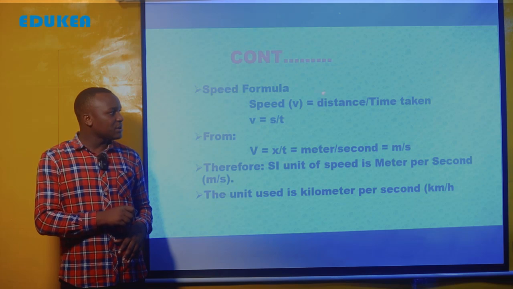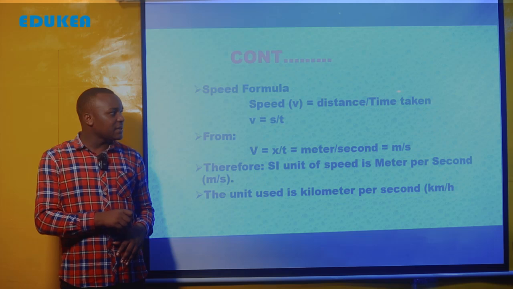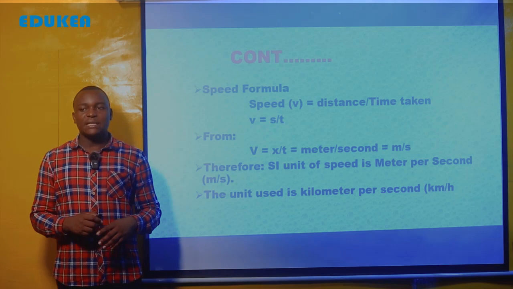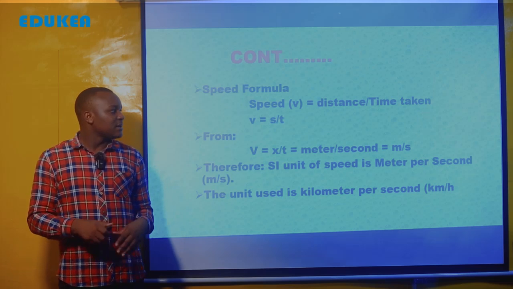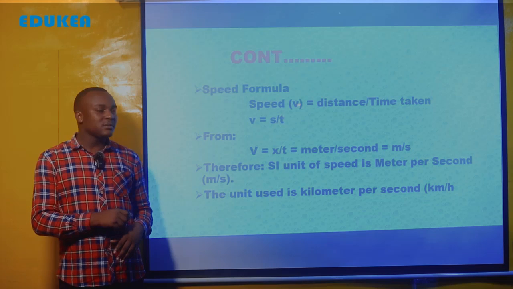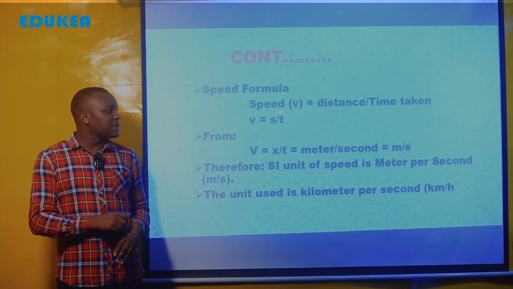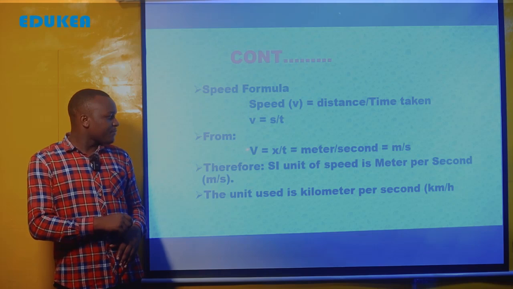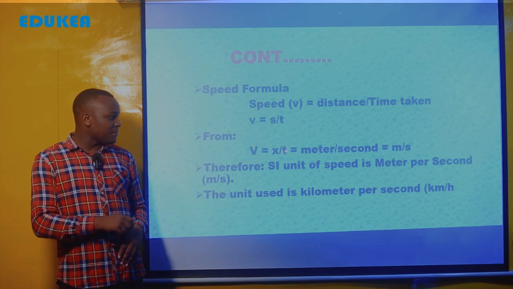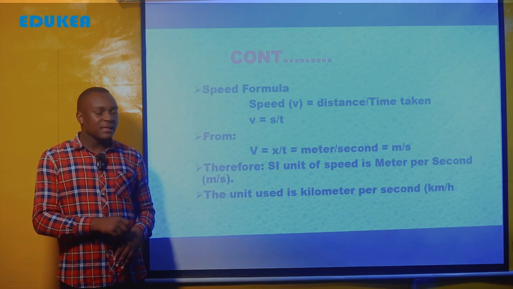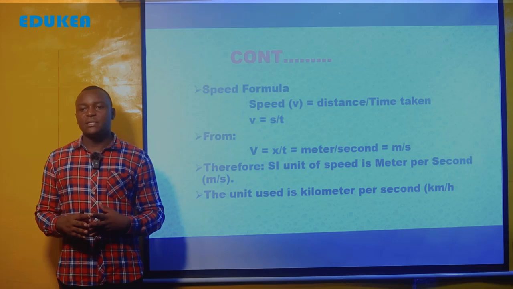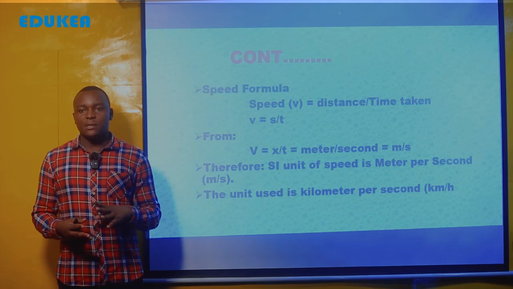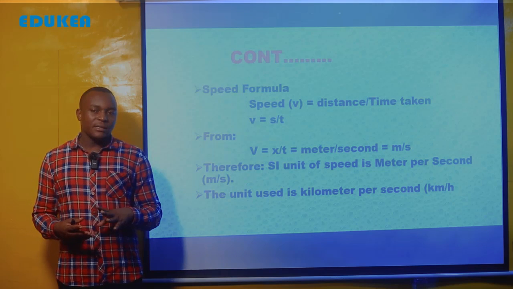So v is equal to s divided by t, whereby s means distance and t means time. Then the SI unit of speed is meter per second because we take distance and divide by time.